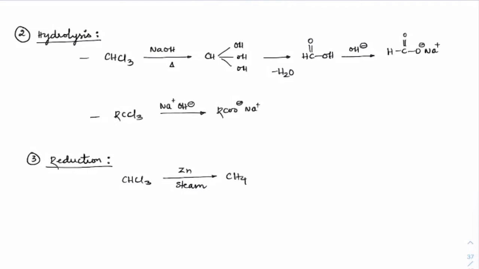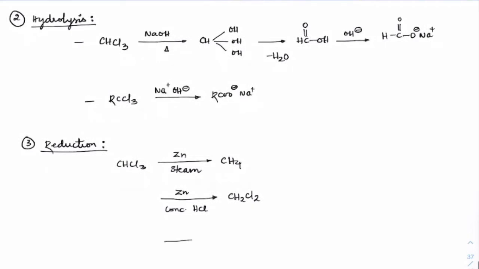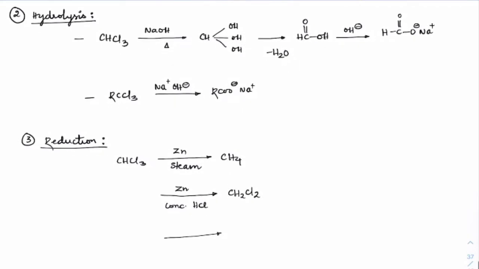So it is acting like a reducing agent, while if the same zinc is used in concentrated HCl, it would again act as a reducing agent and give CH2Cl2, which is relatively mild. And if you treat the same with zinc and ACOH, then it will give CH3Cl.